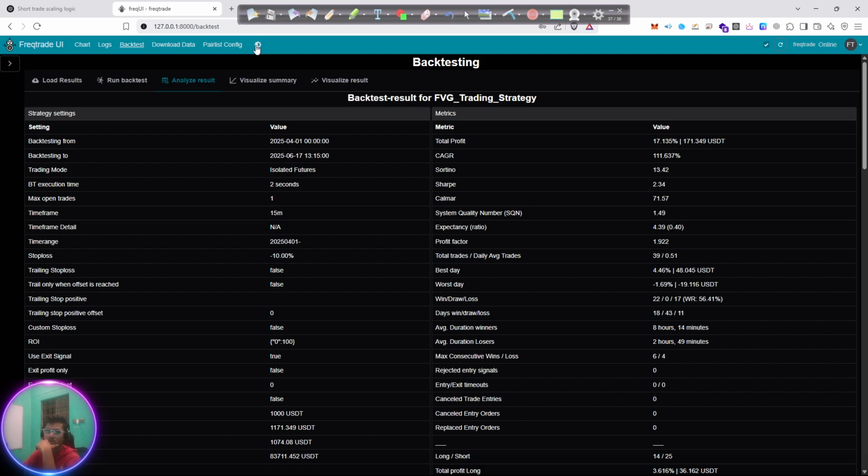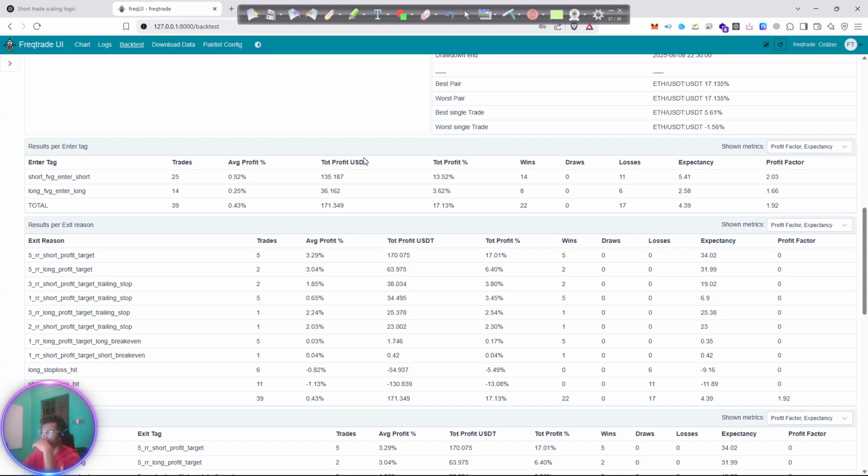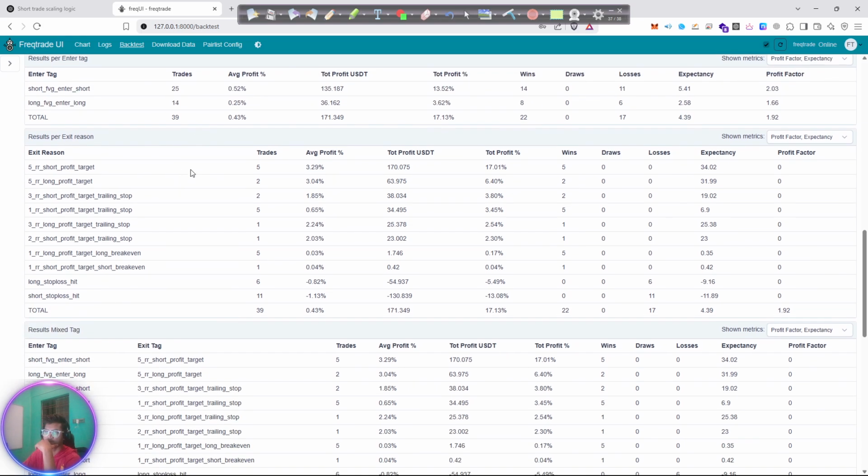Let me make the dark mode. 17%, and we can see all the results here. The total 25 trades taken, total profit this much, 13%, 14 wins, 11 losses, expectancy 4.41, profit factor this, right?